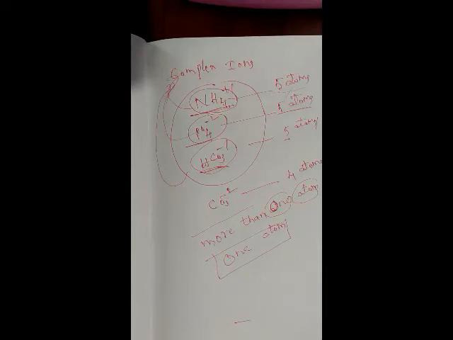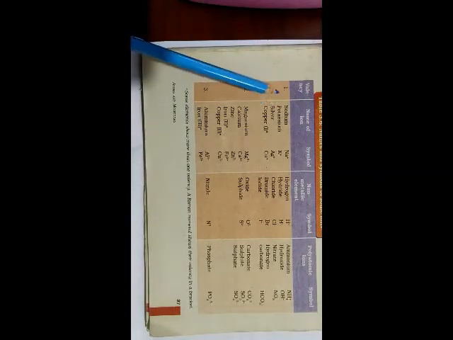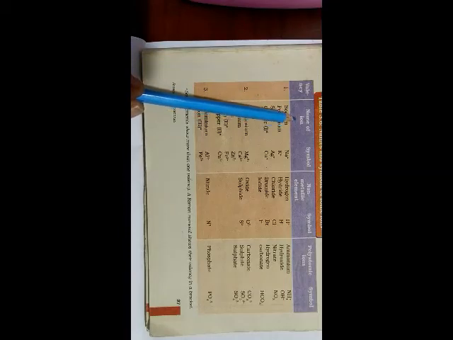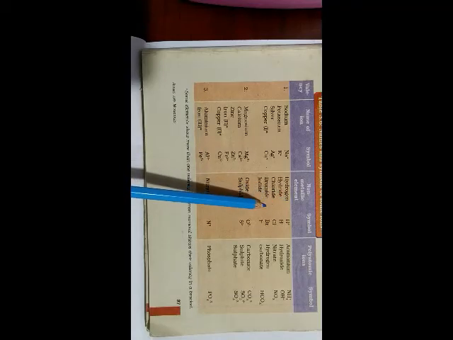Now I will show a chart to you. The ions which are present in this column are positive ions. The ions which are present in this column are negative ions most probably.